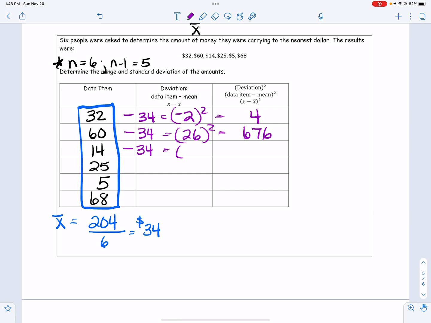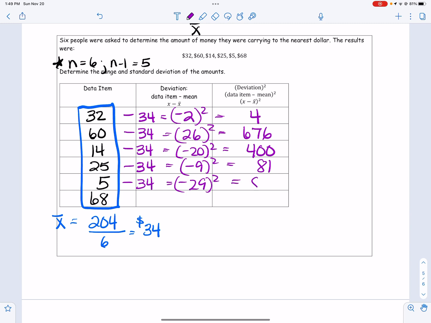Minus 34 is negative 20, squared is 400, minus 34 is negative 9, negative 9 squared is 81, minus 34 is negative 29, negative 29 squared is 841, and last but not least, 68 minus 34 is 34, and 34 squared is 1,156.